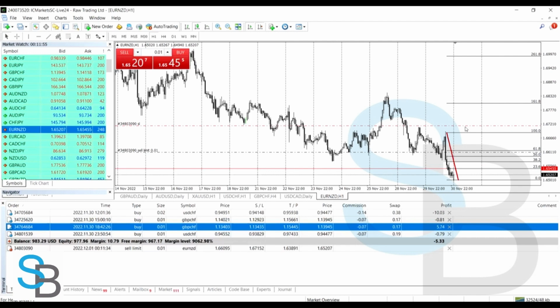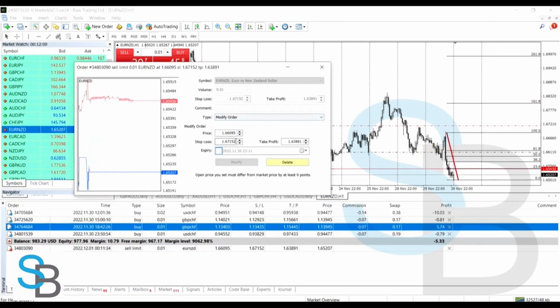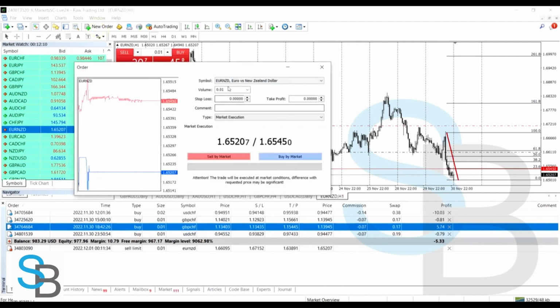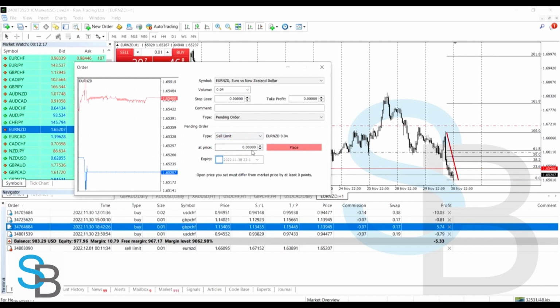I think I used 0.01, which I shouldn't have, so I'm just going to copy the entry price and then create another one with 0.04, right? 0.04. Okay, and another sell limit price.